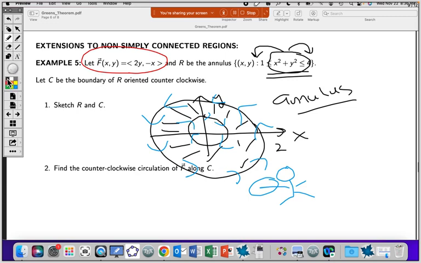And so for 2, we can identify the M and the N. M for us is always the what component of the field? Yeah, the x component, so that would be 2y.